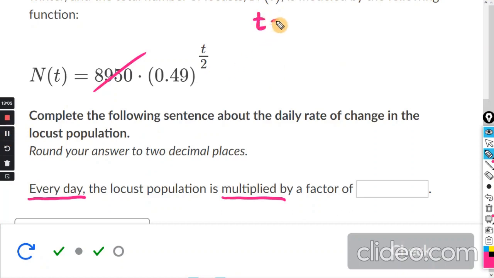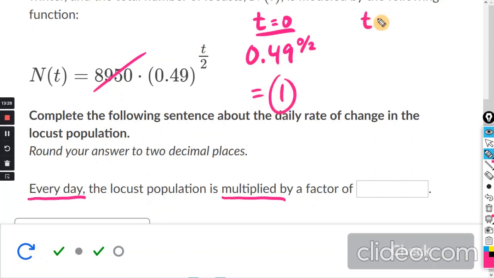All right, at t equals 0, before the days start to count, you're going to have 0.49 to the power of 0 over 2. Okay, that's 0.49 to the 0, which just equals 1. Okay, then the next day at t equals 1, it's going to be 0.49 to the power of 1 over 2.